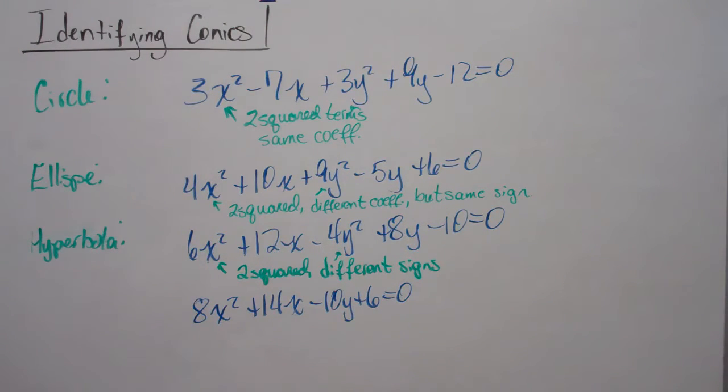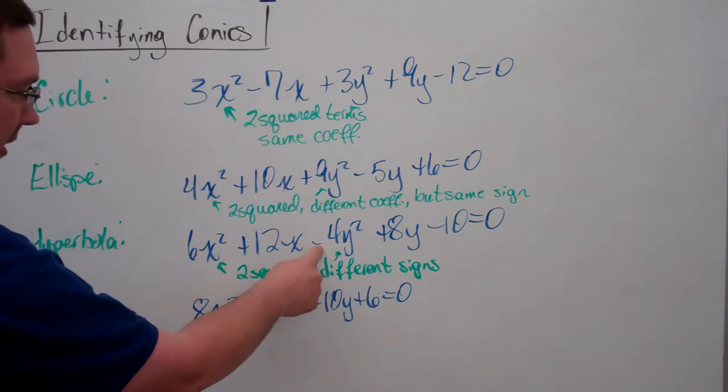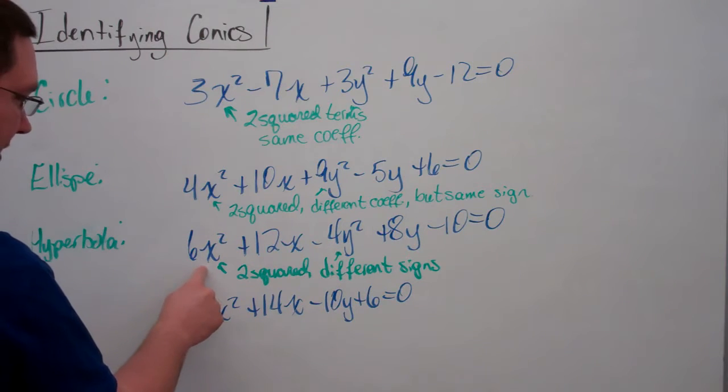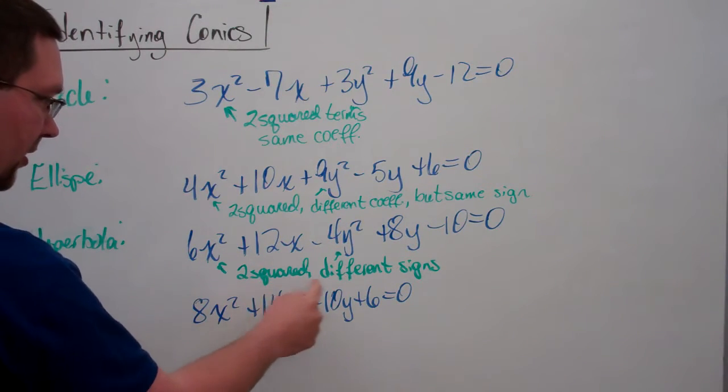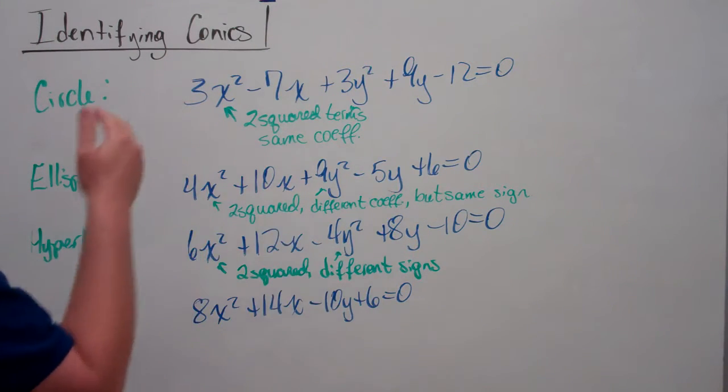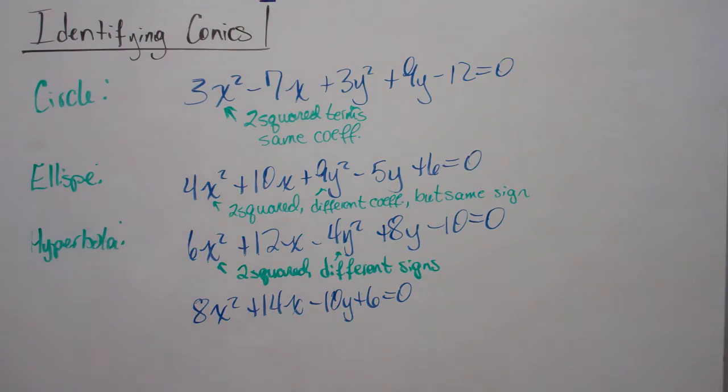That means we have a hyperbola. It doesn't matter what the numbers are, as long as they have different signs on the squared terms. So this is negative 4y squared, positive 6x squared: two squared terms, different signs, hyperbola.